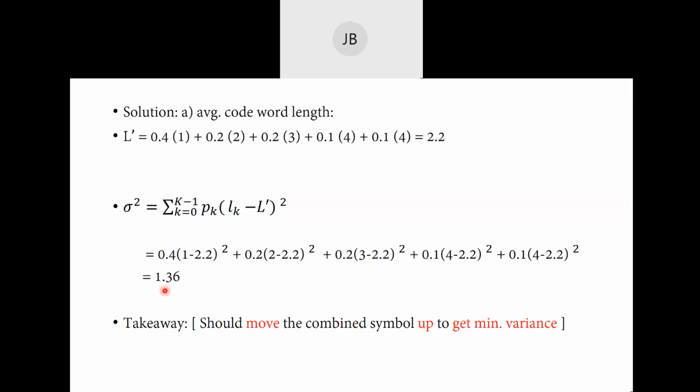So the takeaway here is, wherever you place the newly generated symbol, the average code word length remains the same, but the variance will increase. So to get a lower variance, which is generally preferred, we need to have the newly generated symbol at the top of the list, as done in the first part of this example.